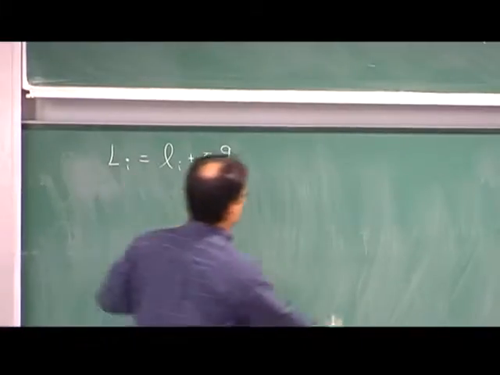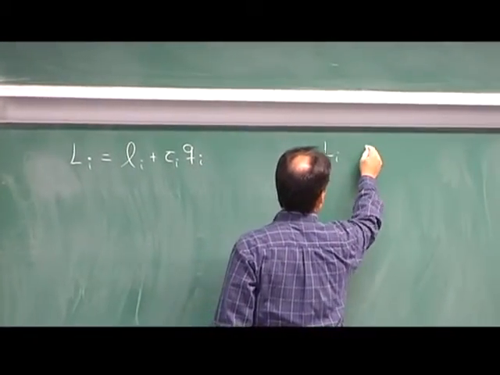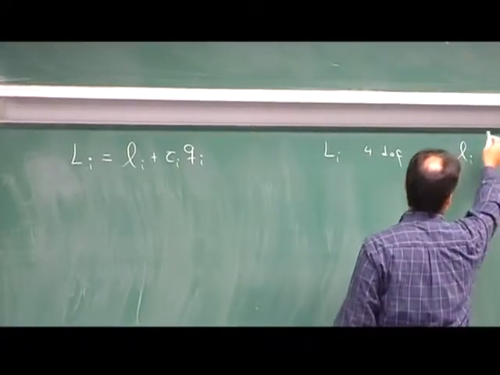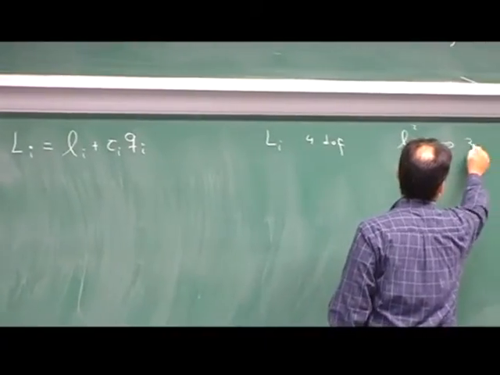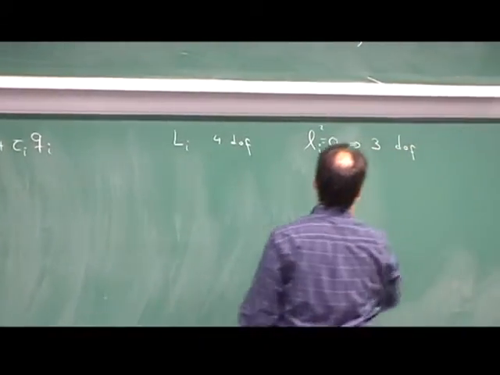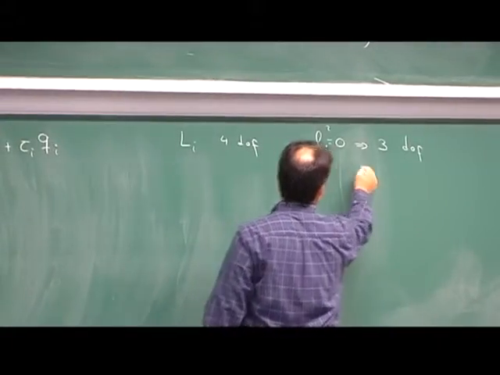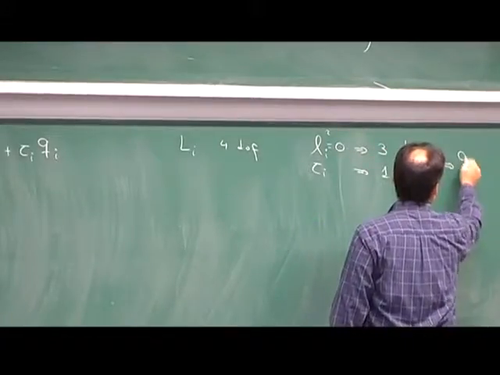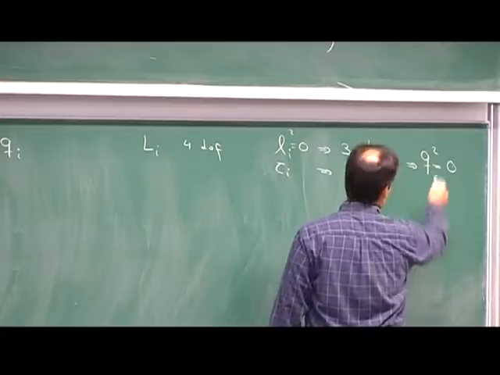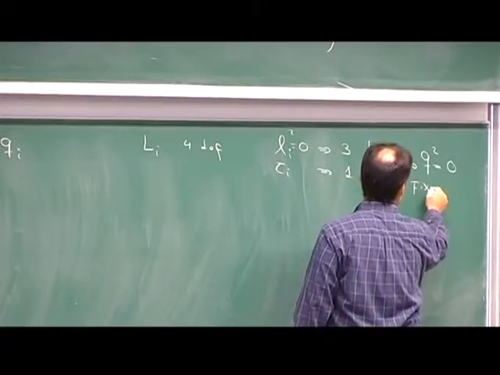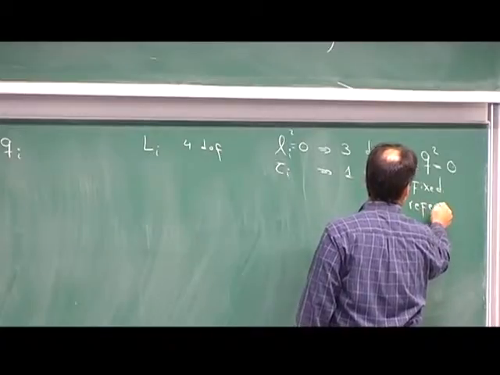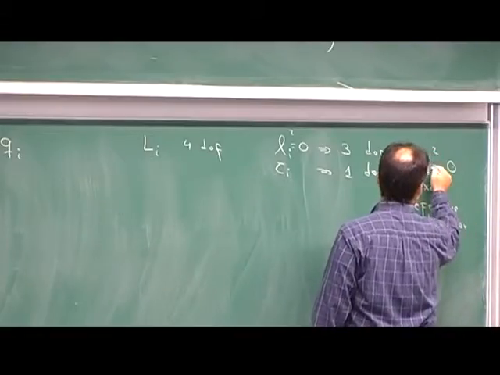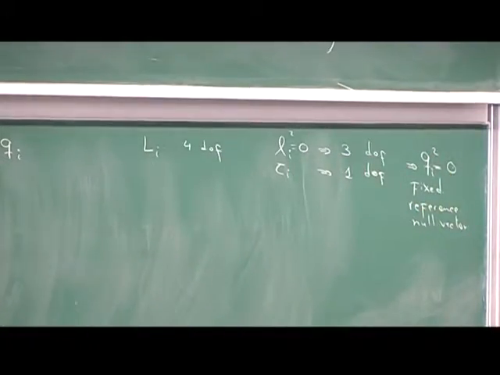Okay, so L_i has 4 degrees of freedom. I want little l_i to be null. So that implies that it only has 3 degrees of freedom. And therefore, and tau is 1. And that implies that my Q, which is also null, has to be fixed.